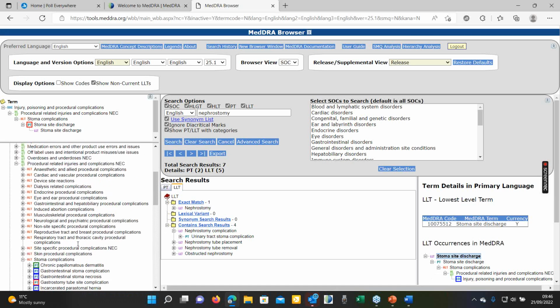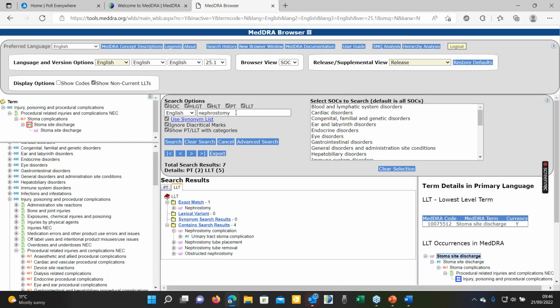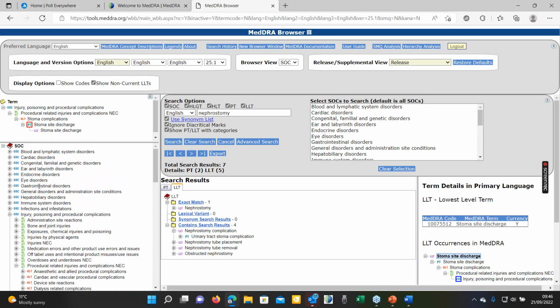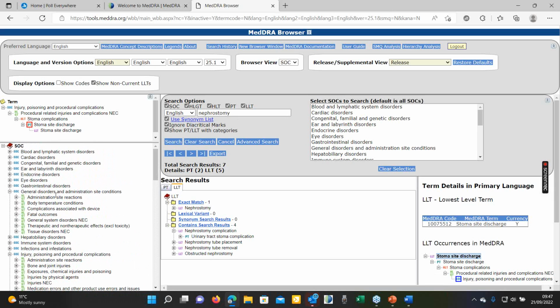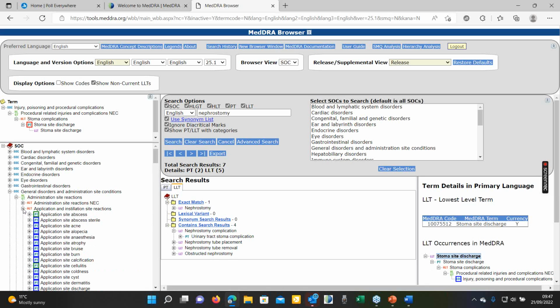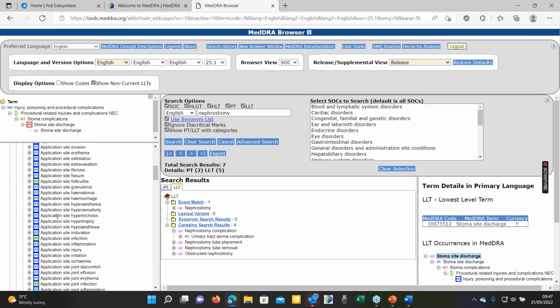Let's have a look at the other option that a lot of you chose, that was catheter site. So I can again do top down. Catheter site would be within the general disorders and administration site conditions. I could do it bottom up or top down. Administration site reactions, application and no, where's my catheter site?